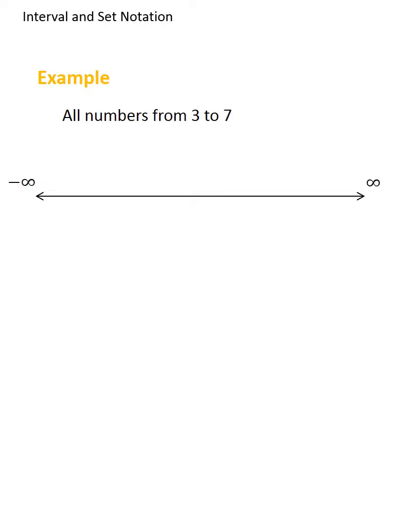Consider all numbers from 3 to 7, represented here. This set would include numbers like 4, 7, pi, 6, or 3. Just to name a few. In set notation, we could express that set this way.